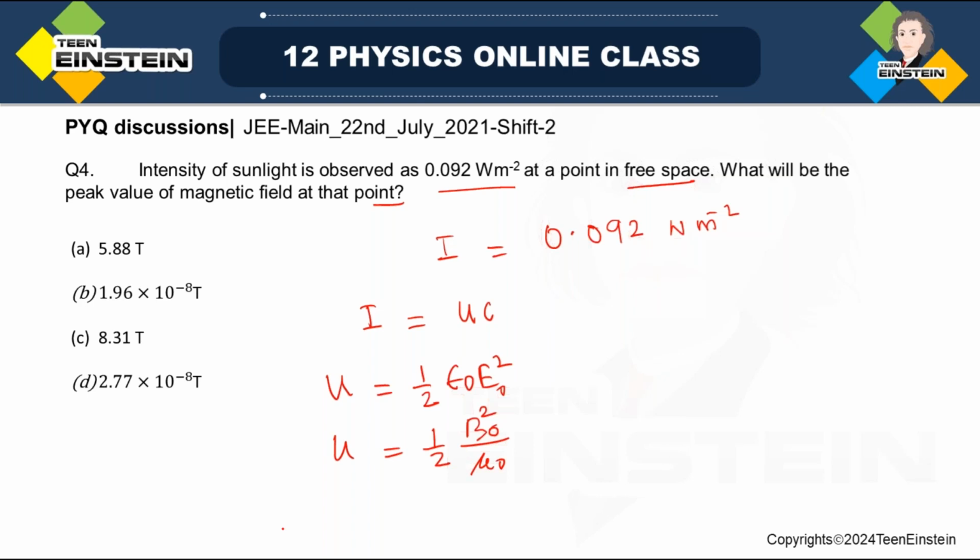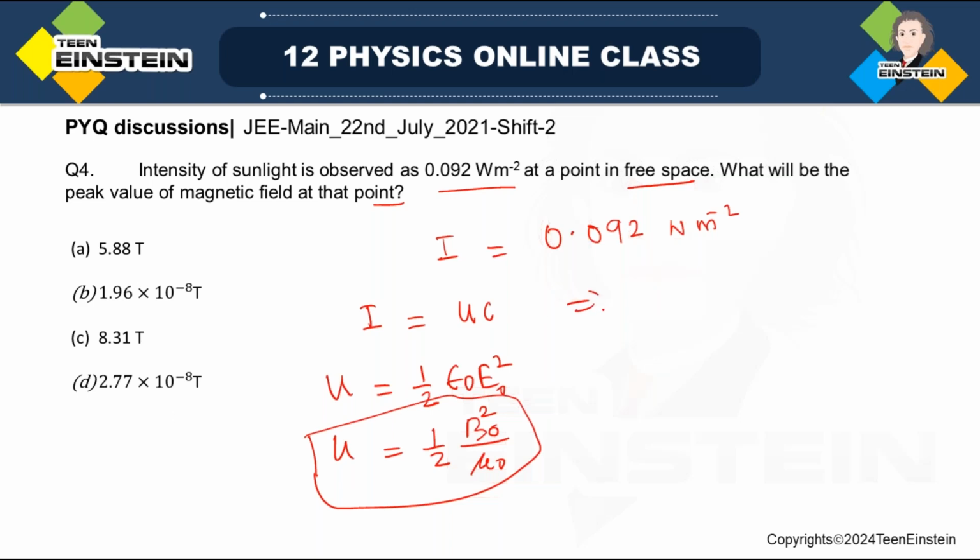This is the formula that you need to remember here. So let us go with the second one because I have to find out the peak value of the magnetic field, or B0.